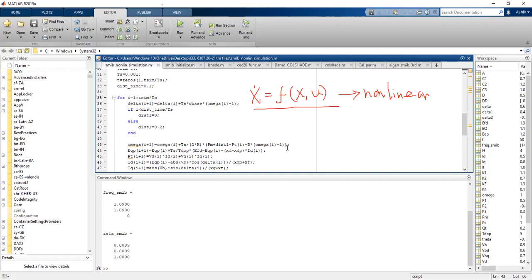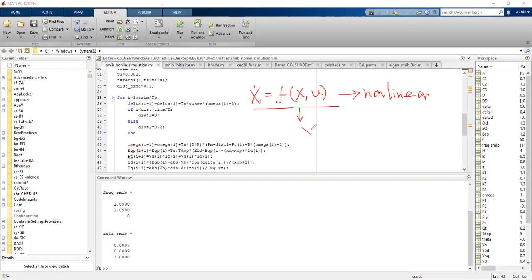Now the question is that whatever system we have derived out of this nonlinear system, we are claiming that it is valid only around a certain operating point, and that can be represented by the linearized version of this block over here.